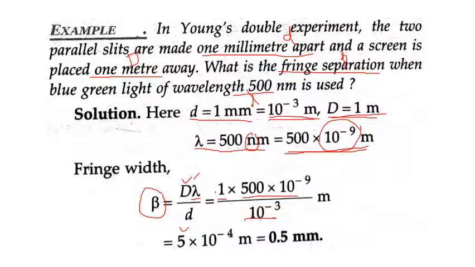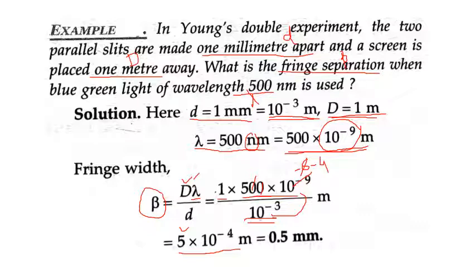Now 10 to the power minus 3, when it goes to the numerator, will become 10 to the power minus 6. Now here are two zeros. I can cancel these two zeros and this will become 10 to the power minus 4. So I have 5 times 10 to the power minus 4 meter.